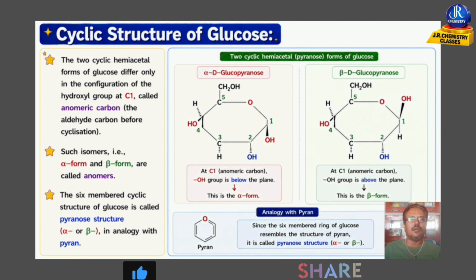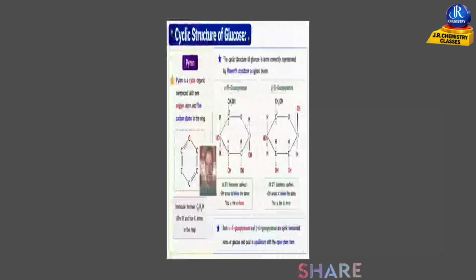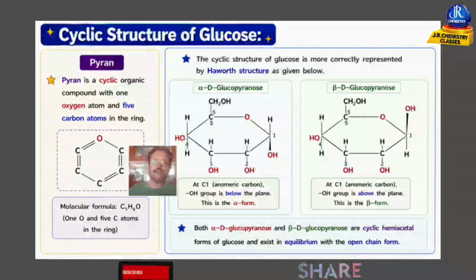The six-membered cyclic structure of glucose is called pyranose structure, alpha or beta, in analogy with pyran, a cyclic organic compound with one oxygen atom and five carbon atoms in the ring. The cyclic structure of glucose is more correctly represented by Haworth structure as given below.